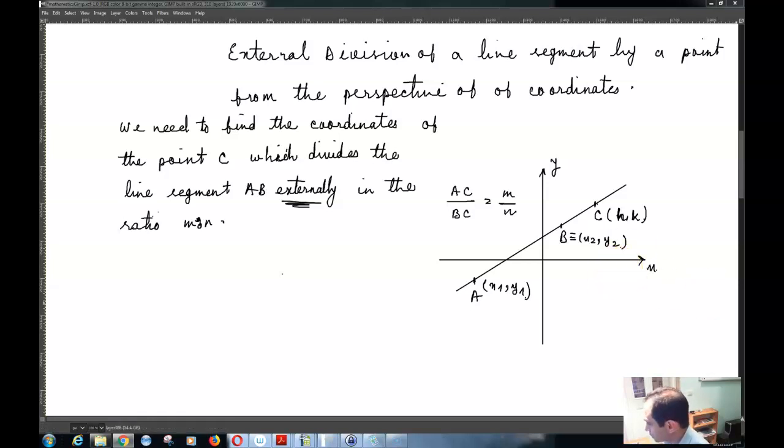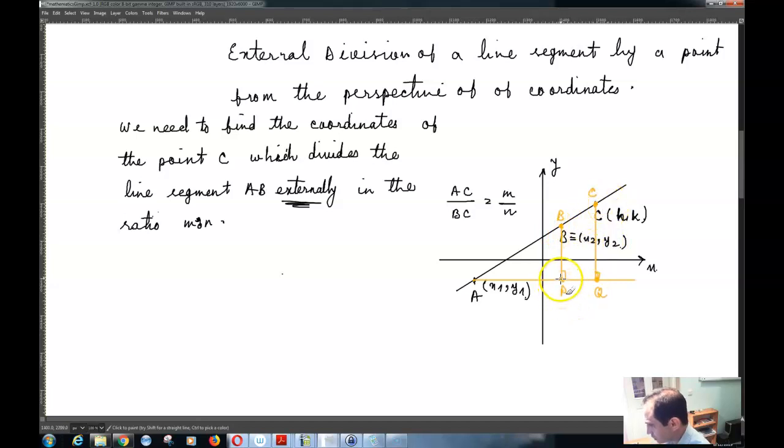Now if you draw a line parallel to the x-axis over here, and if you draw two perpendiculars to these two lines like this, then you will have basically two right triangles over here. And I call this point A, this point B, this point C, this point, for example, P, and this point, for example, Q. Now the coordinates of these points we already know.